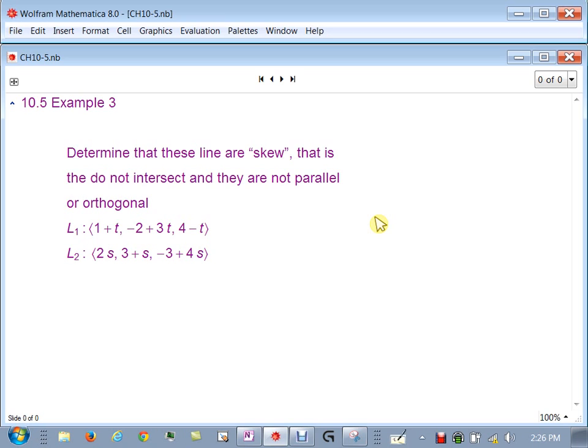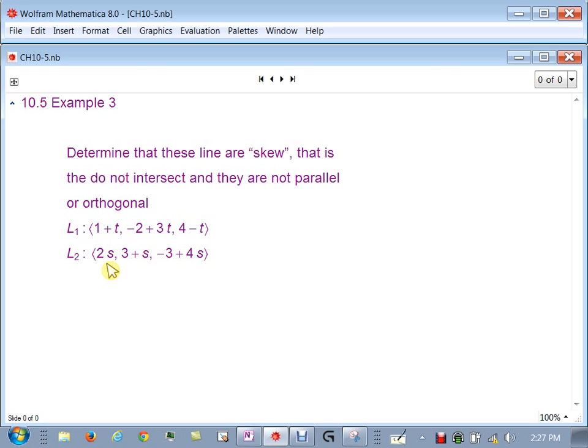Now let's just look first of all at the way I wrote out the lines. I gave you L1, meaning line 1, and then I gave you angled brackets, and I gave you these 3 components, right? This is basically the vector form of the line. I just didn't write R of t in front of it. And then down here, same thing, and I used a different variable.